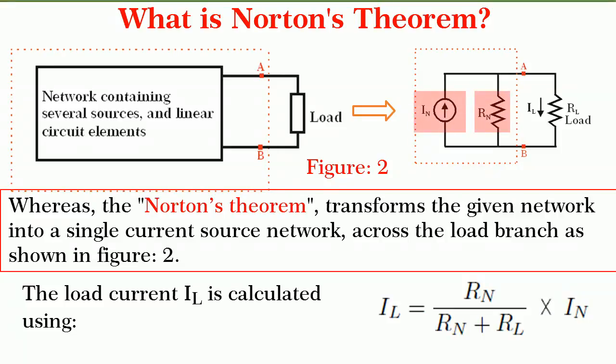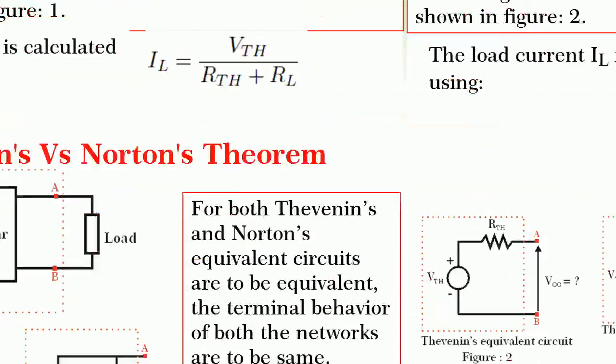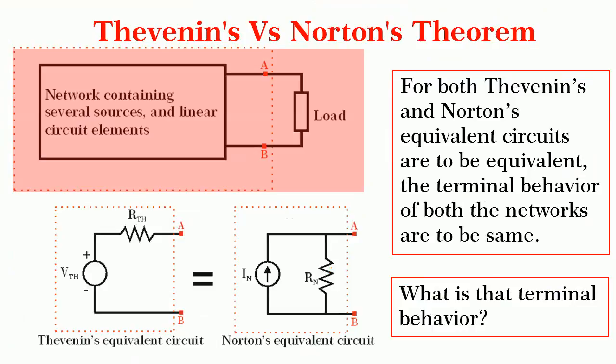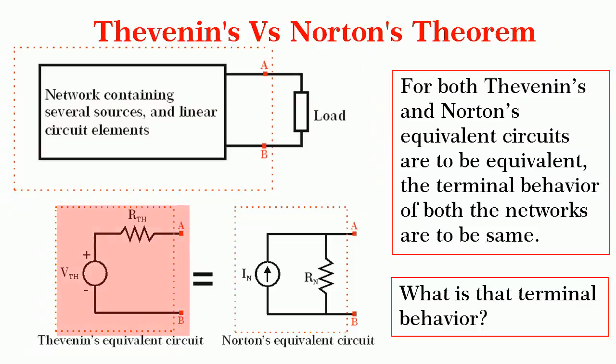Now we should know how to find out IN and Rn. For that, consider a network shown in figure, and if we solve this network using both the theorems, the result has to be same. What does it mean? The Thevenin's equivalent circuit should be same as Norton's equivalent circuit.